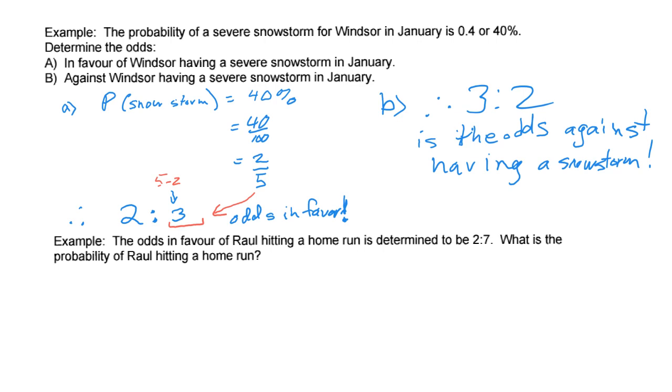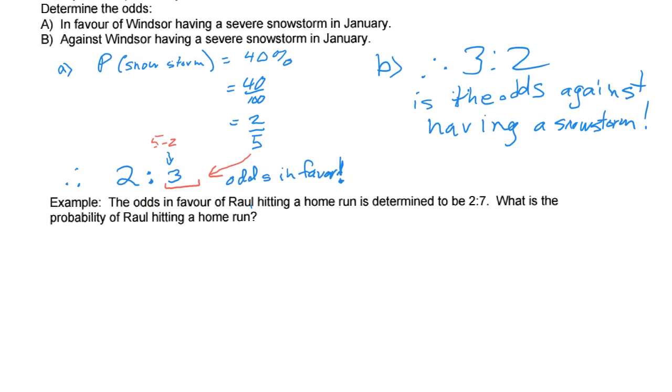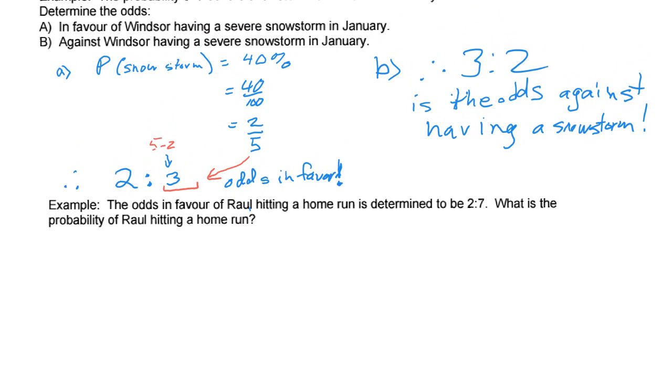So the next question that we're going to have is a problem where we have this guy named Raul. The odds in favor of Raul hitting a home run is 2 to 7. What is the probability of him hitting a home run? So when we do this, you got to remember, for Raul, his home run is determined to be about 2 to 7, right?